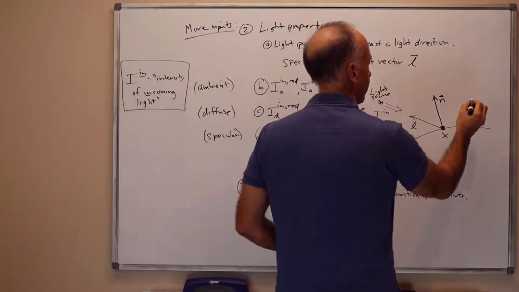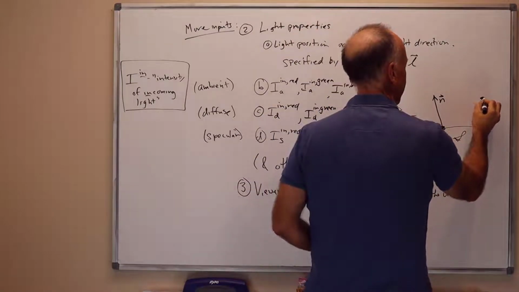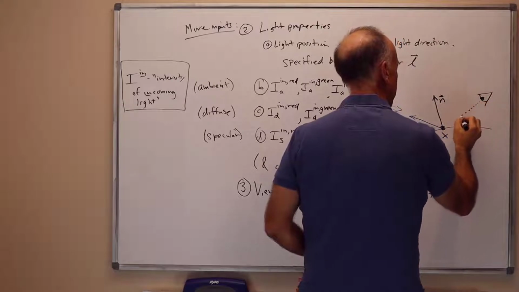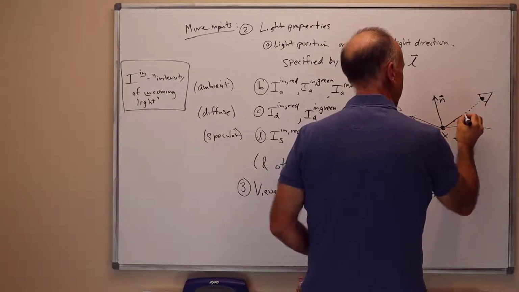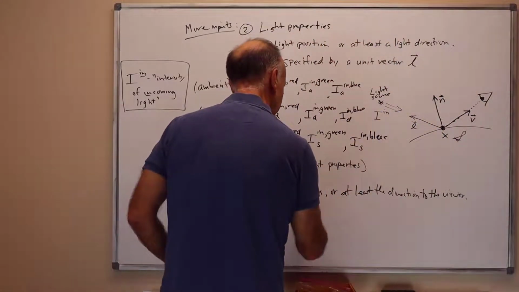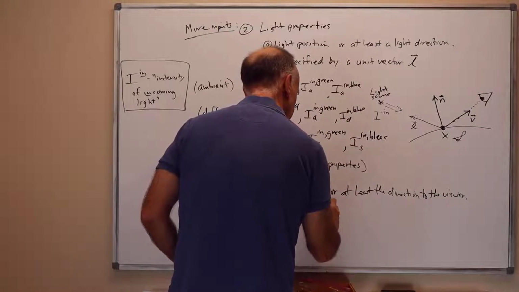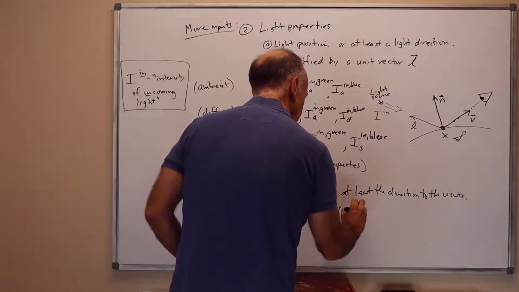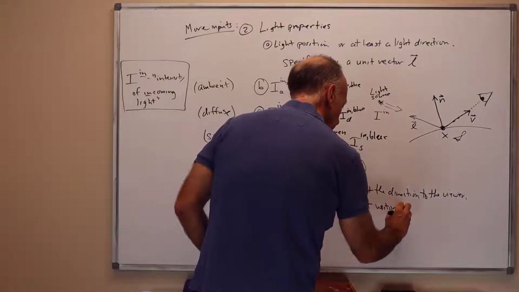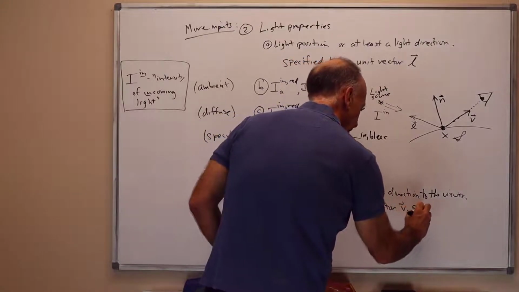So the viewer, let me draw my stylized eye as usual here. Here's an eyeball looking at the scene. And we have a vector v. Vector v is a unit vector. It's specified by a unit vector v pointing from x to the viewer.